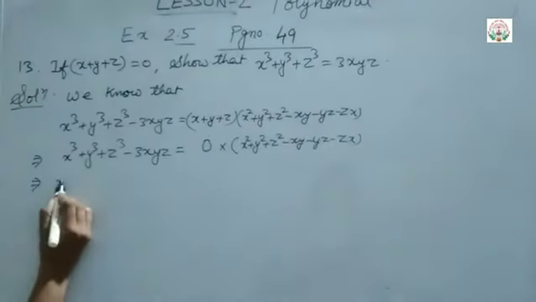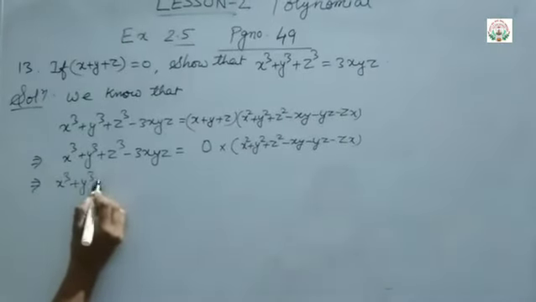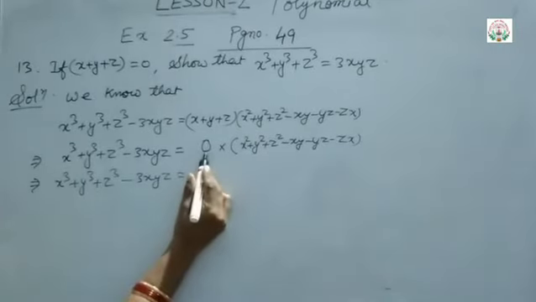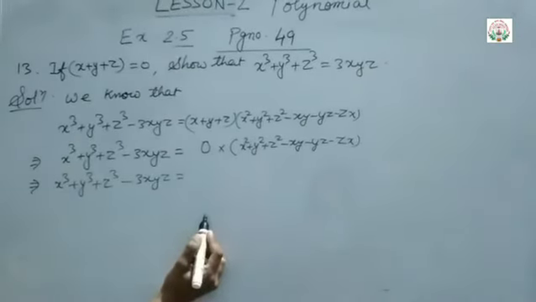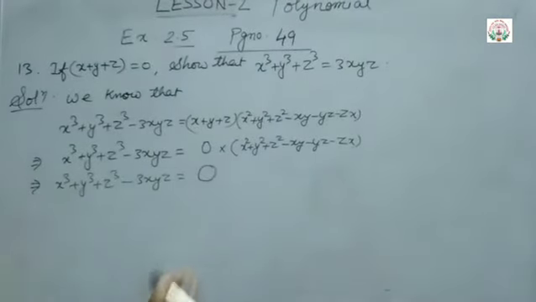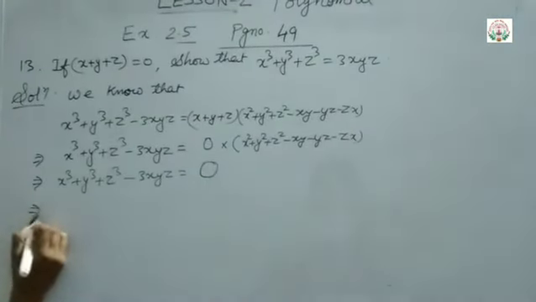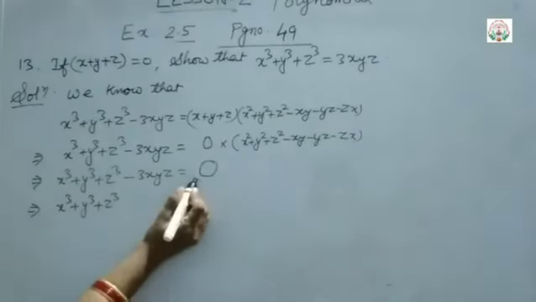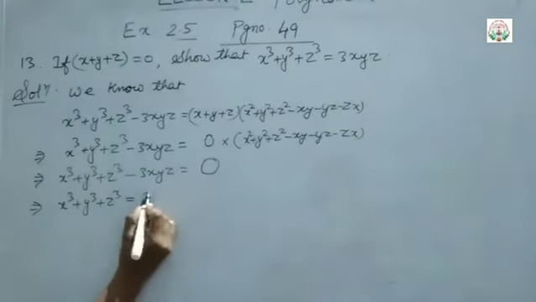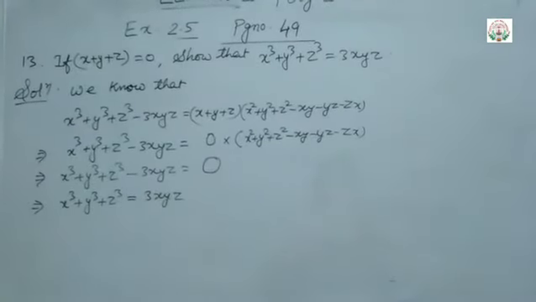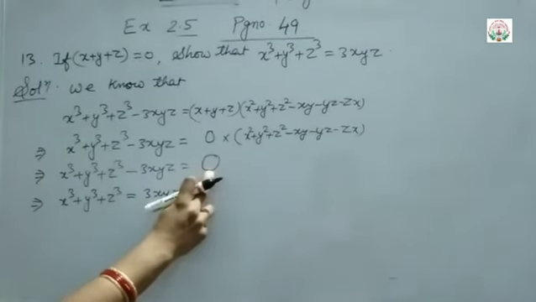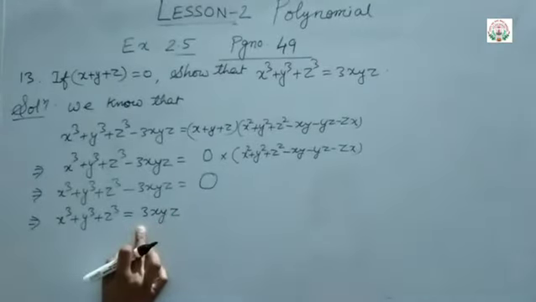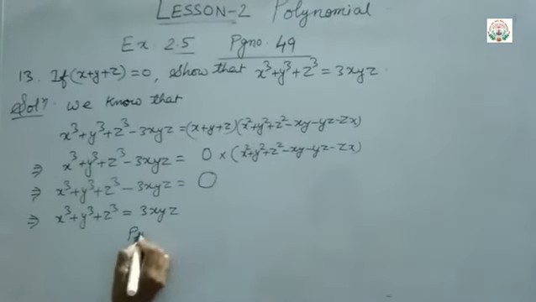So implies x cube plus y cube plus z cube minus 3xyz equals what? 0 multiplied with any number, any variable or any term becomes 0. So implies x cube plus y cube plus z cube, now do the transpose of this. So this will become 3xyz: from here the minus goes to the right side and becomes positive, negative to positive. So this will be positive 3xyz. So proved.